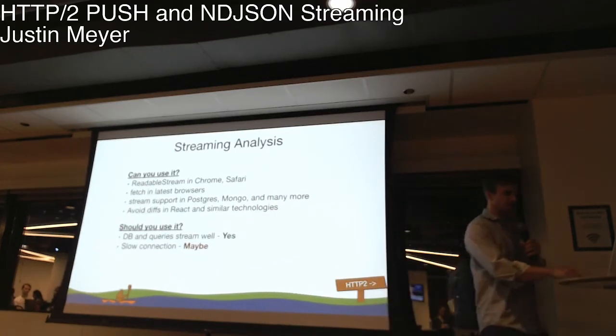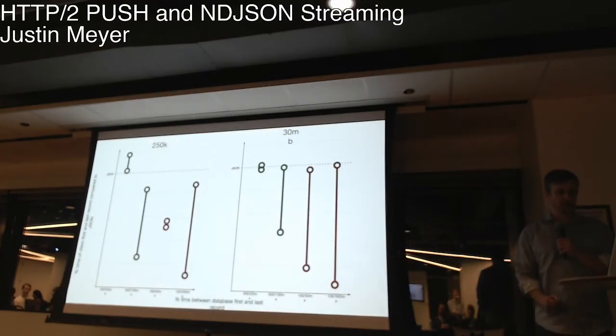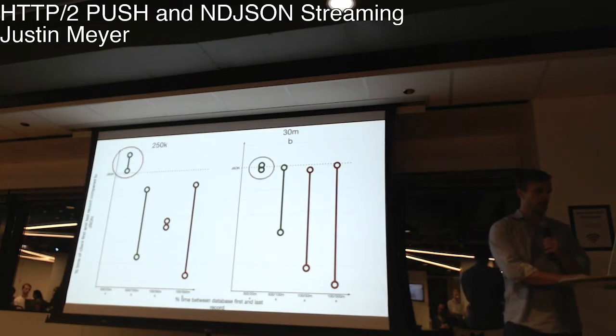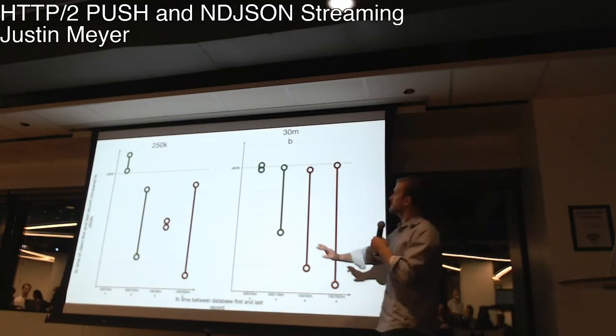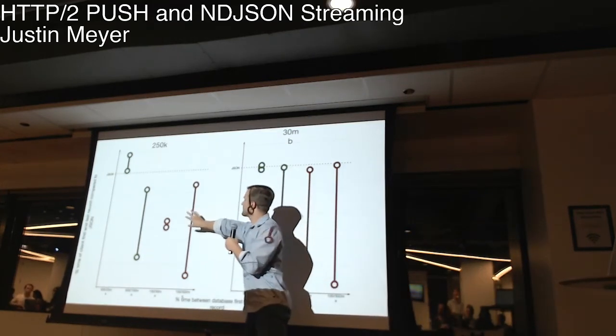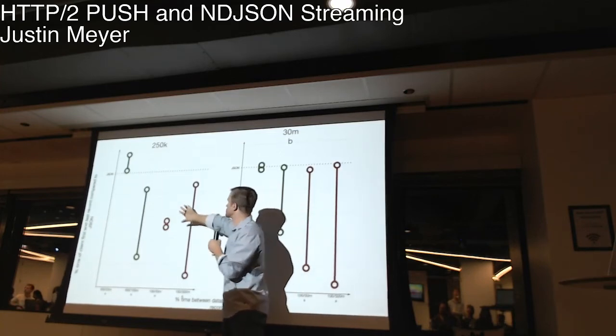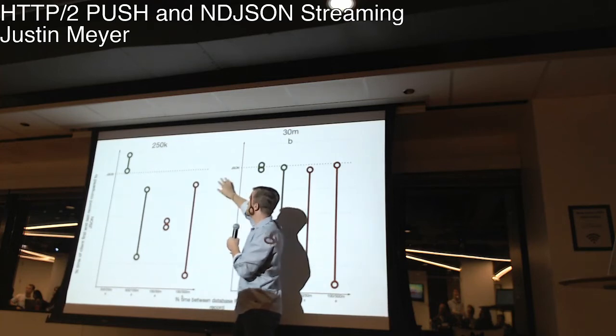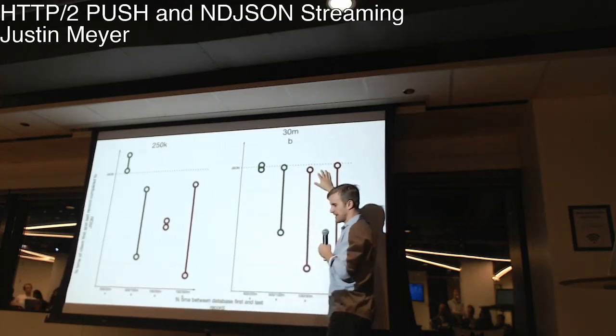So let me show the analysis here and try to make sense of it. Essentially, these two graphs are the same thing done at two different network speeds: slow 3G, and fast, like Ethernet or something like that.